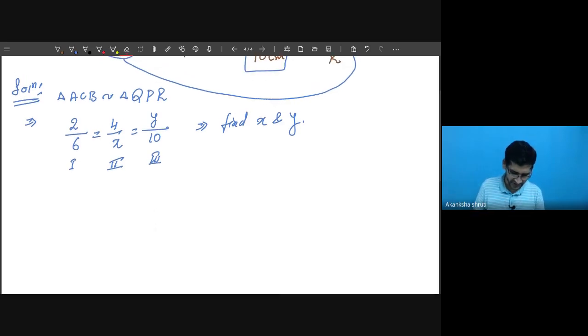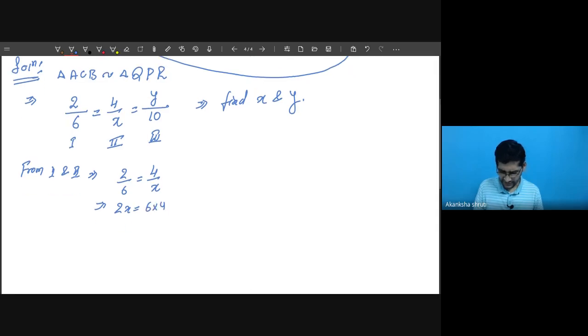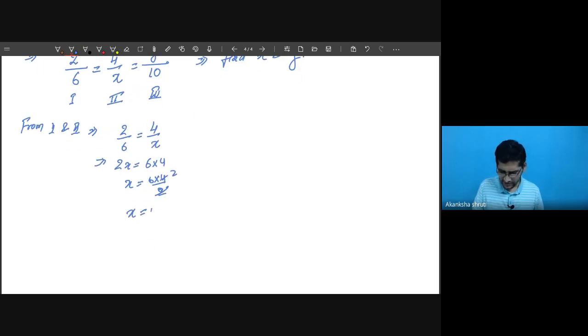So take the equation from 1 and 2. What can we say? 2/6 is equal to 4/x. Just go for cross multiplication. 2x is equal to 6 into 4. So x value is 6 into 4 divided by 2. So it is 2 threes, so x will be 12 centimeter.